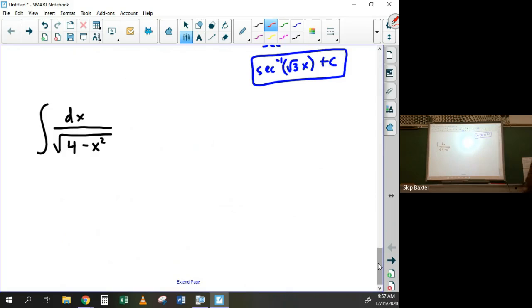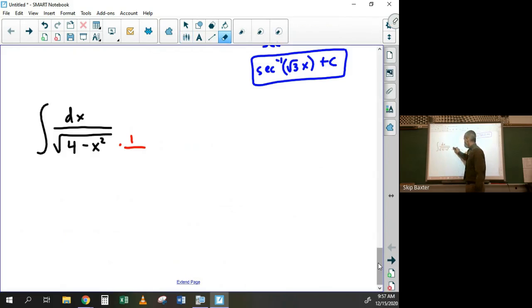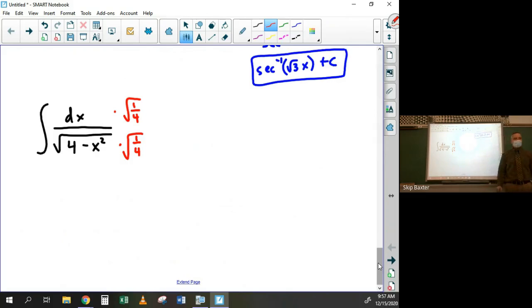What if I were to multiply the bottom by 1 over the square root of 4, or the square root of 1/4? And then just do the same thing on top. That's legal, right? I could multiply the top and the bottom by a constant. It's just like multiplying by 1.